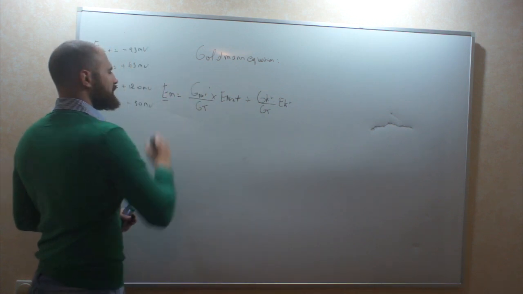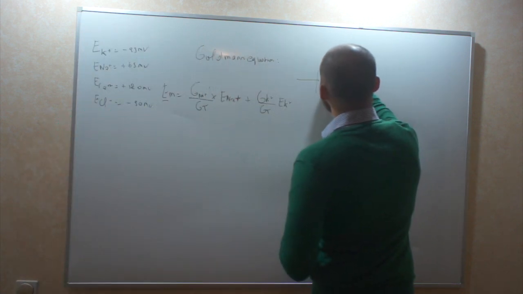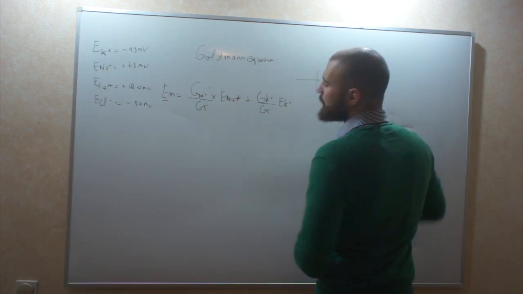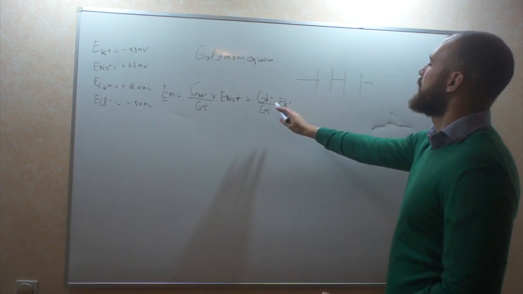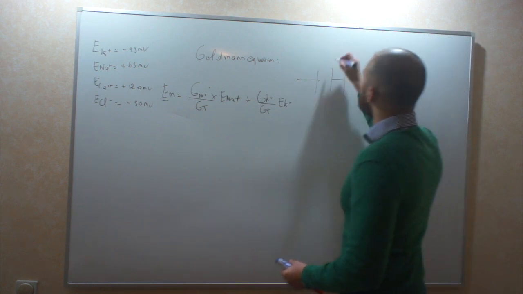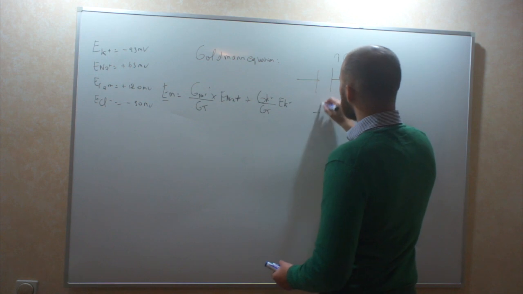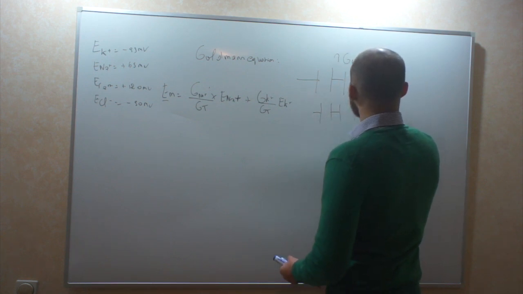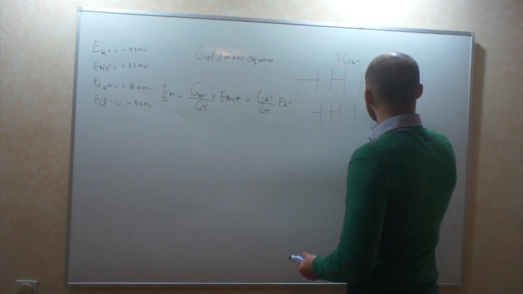Membrane potential is EM. What's conductance? The more channels you have, because you have thousands and thousands of channels, the more channels of potassium you have, the higher the conductance of potassium. The more channels of sodium you have, the higher the conductance of sodium.